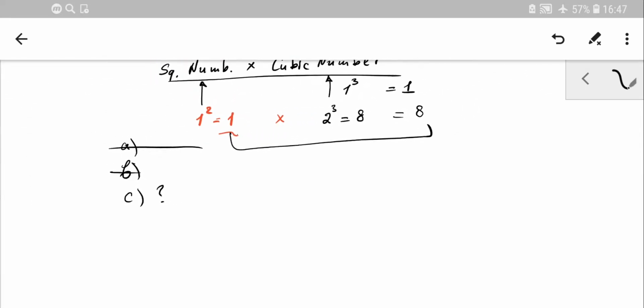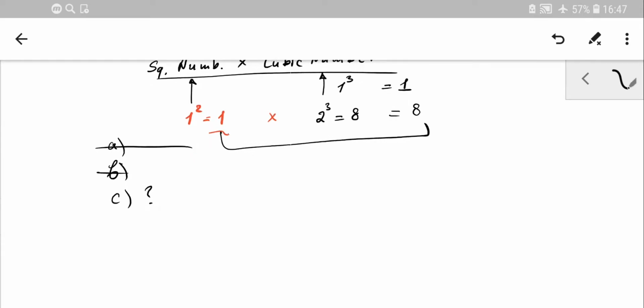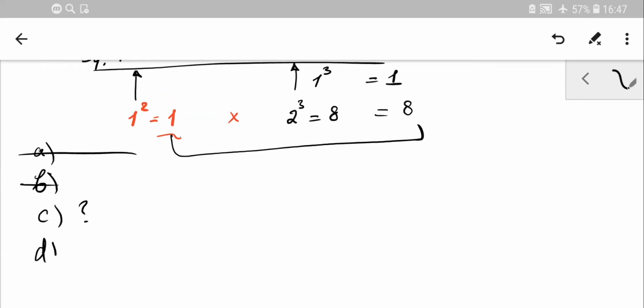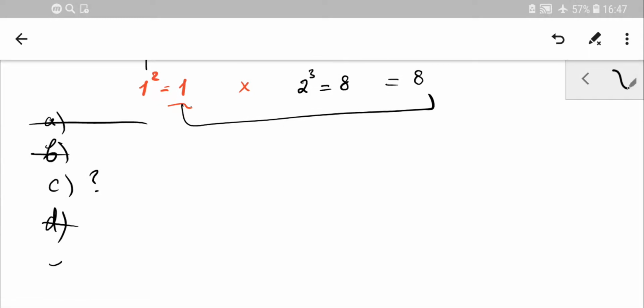Let's go to statement D, never square, never cube. That's false because our examples contradict it, so we eliminate D. And E, always cube and always square. If we are able to show that E is always true, then E will be correct, otherwise C will be correct.